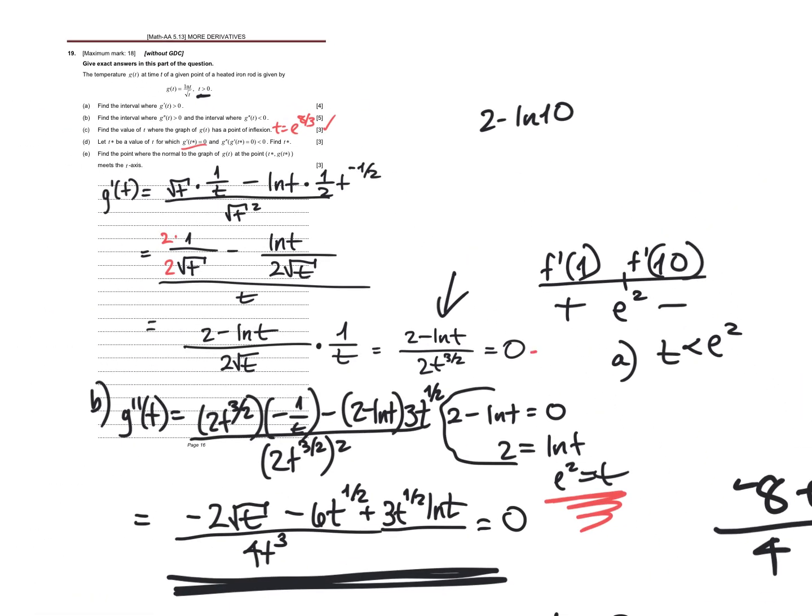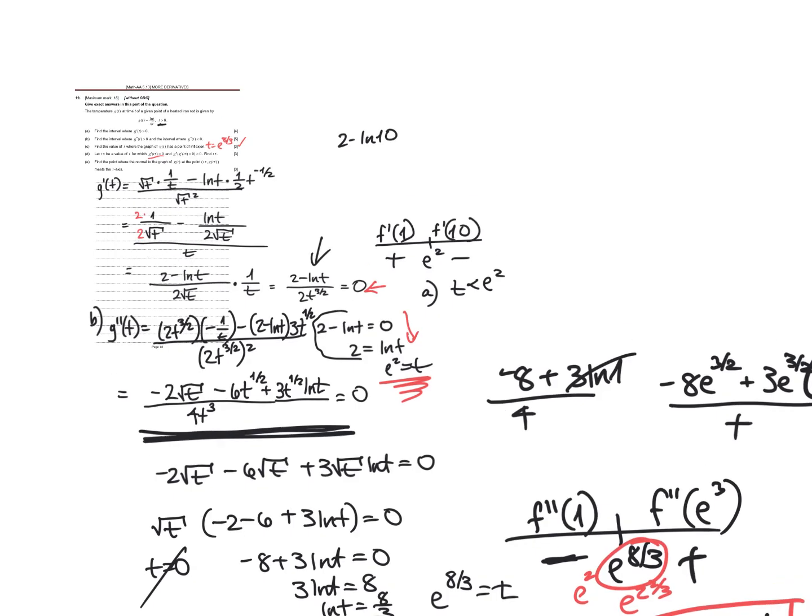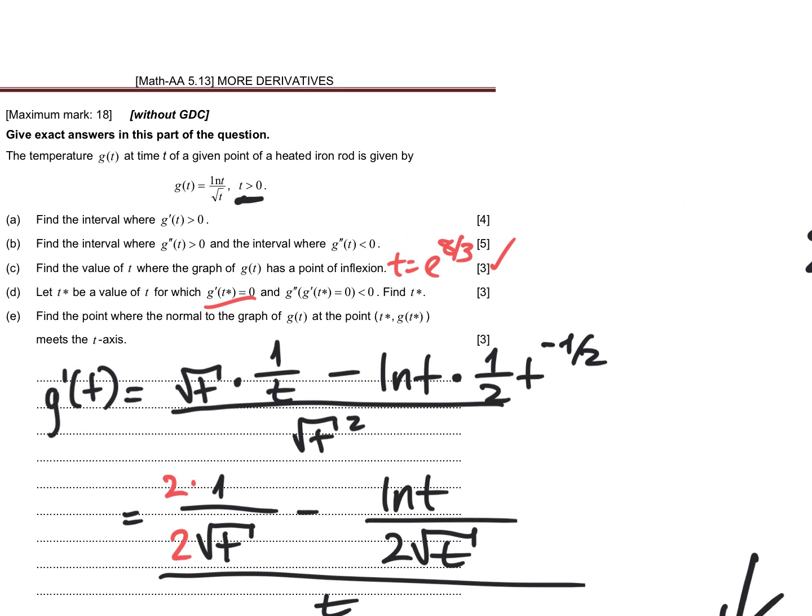Remember, we set it equal to 0 here, and we found that. And the second derivative at this point needs to be less than 0. Well, we know e to the 2 is less than e to the, this is e to the 2 2/3. So we know the second derivative there is negative. So we know t star is e squared.